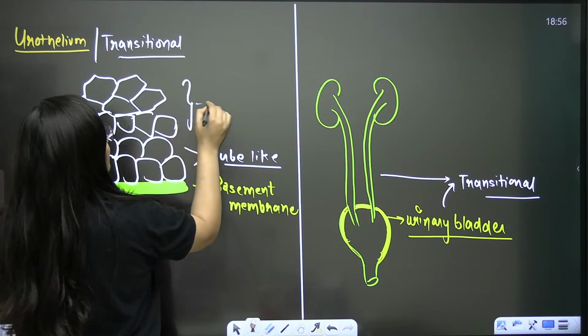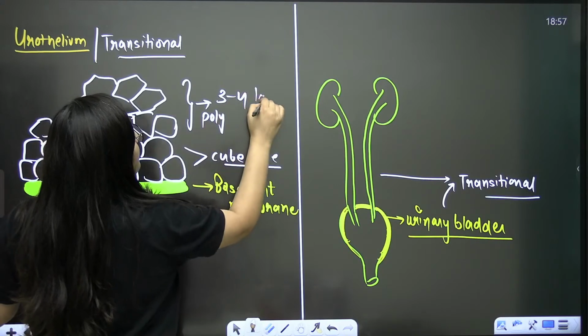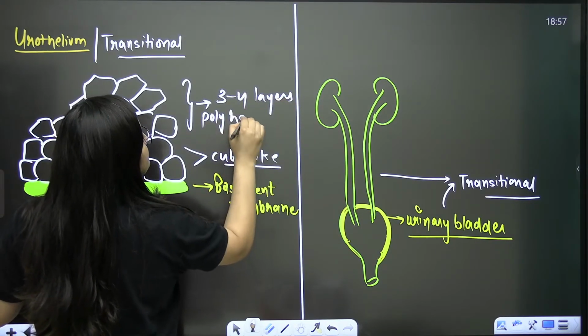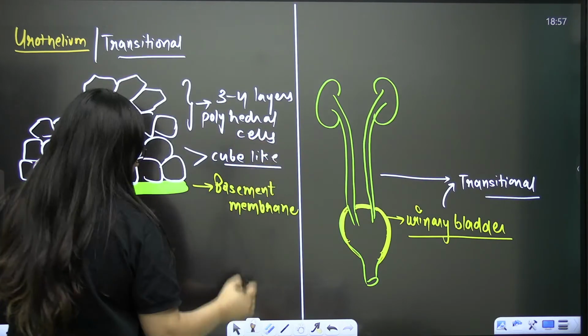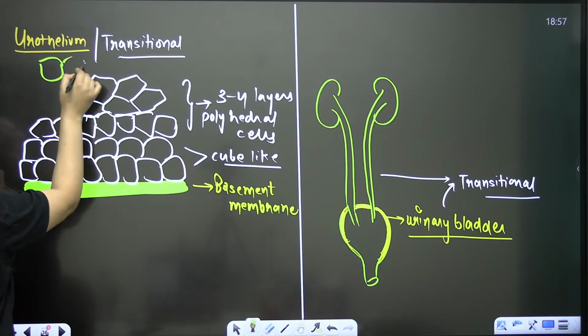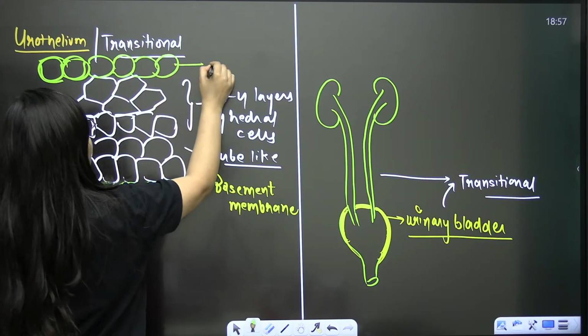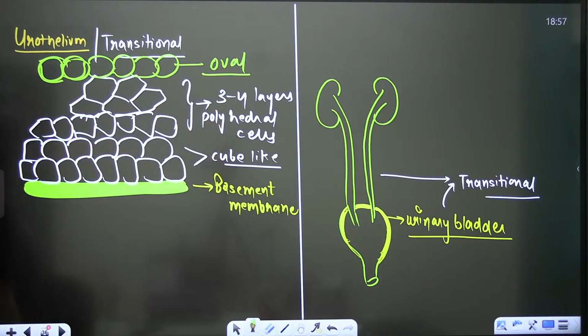Then you will see 3 to 4 layers of polyhedral cells. And then the topmost layers, again kind of globular, oval in shape. So in the urothelium, also known as transitional epithelium, the outermost cells are oval in shape, the innermost are cube-like, and in between some polyhedral cells are present.